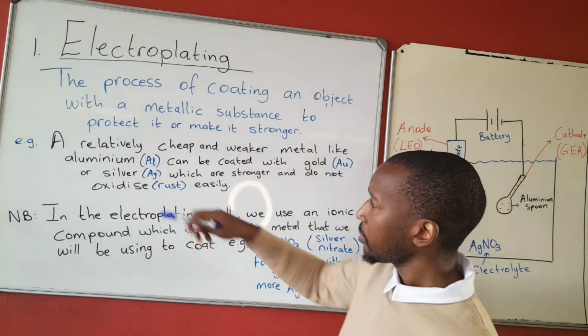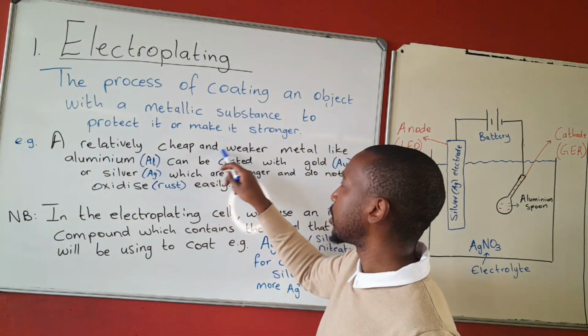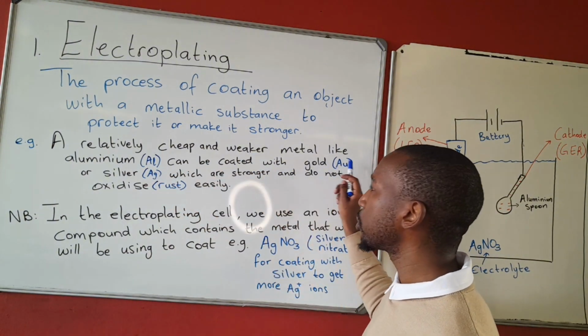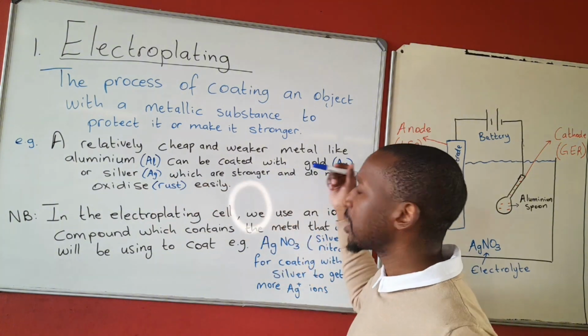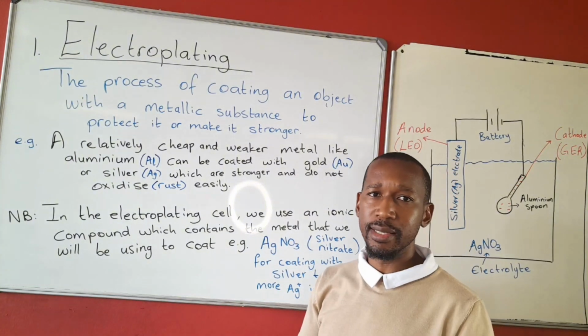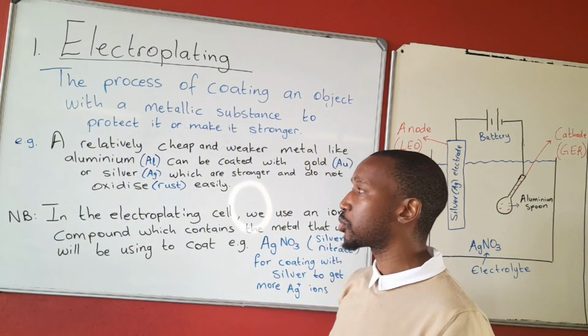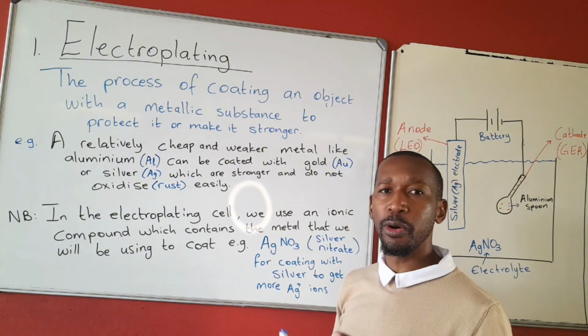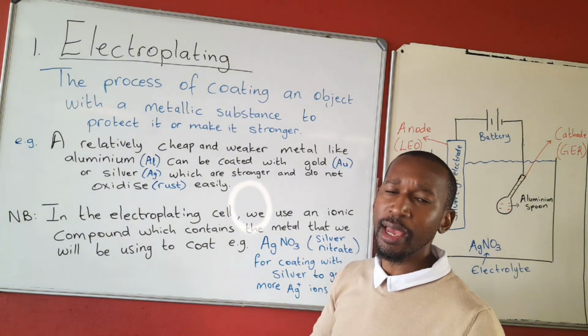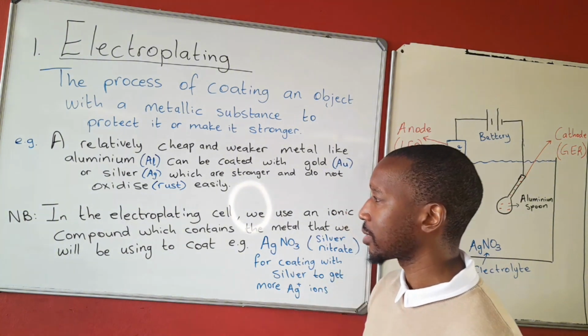Now, a relatively cheap and weaker metal like aluminium can be coated with gold or silver, which are much stronger because they do not oxidize easily, they do not rust easily. So when you coat an object with these, you are definitely going to have an object that lasts much longer. Difficult to bend, difficult to break, and takes longer to actually rust.